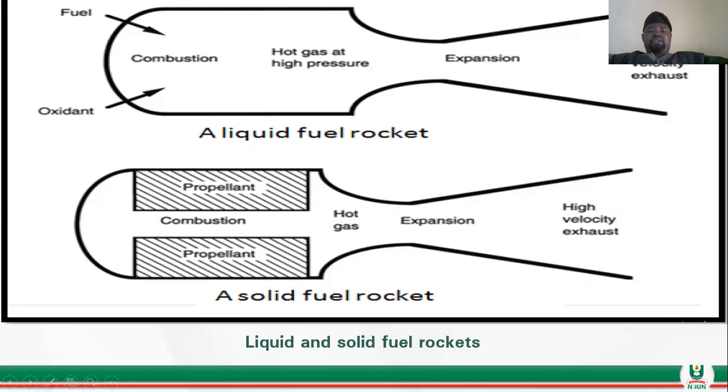In the solid fuel rocket, there is a propellant, and in between the propellants we have the combustion. From there, hot gas is released, then expansion takes place, and high velocity exhaust is attained.